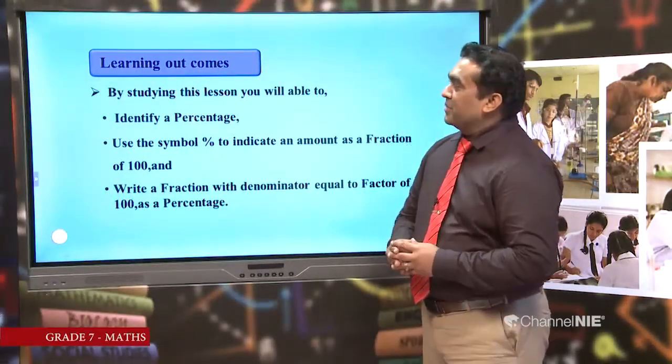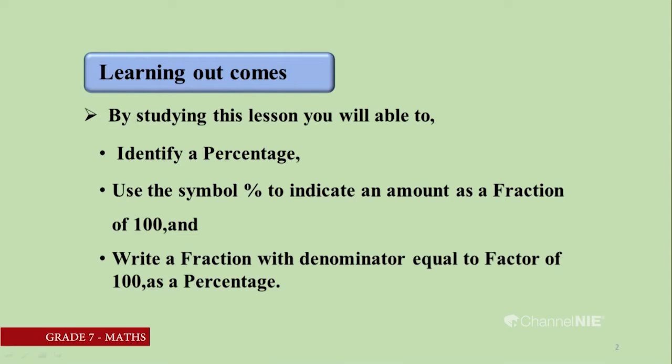By studying this lesson, you will be able to identify a percentage, use the symbol to indicate an amount as a fraction of 100, and write a fraction with a denominator equal to a factor of 100 as a percentage.